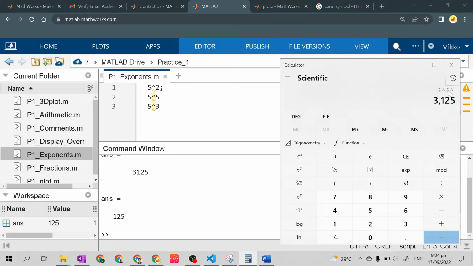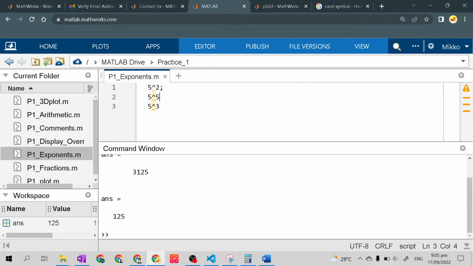So 5 raised to 5 is 3125. This is exponent. You can cancel this with double C. Okay, let's try 5 cube. Yes, 125. Okay. How about negative exponent?